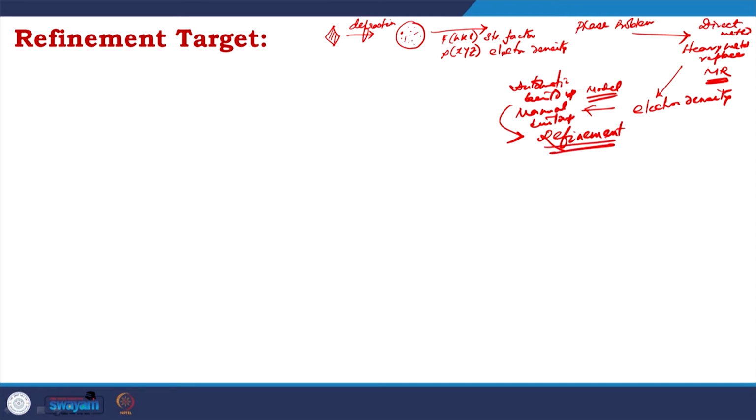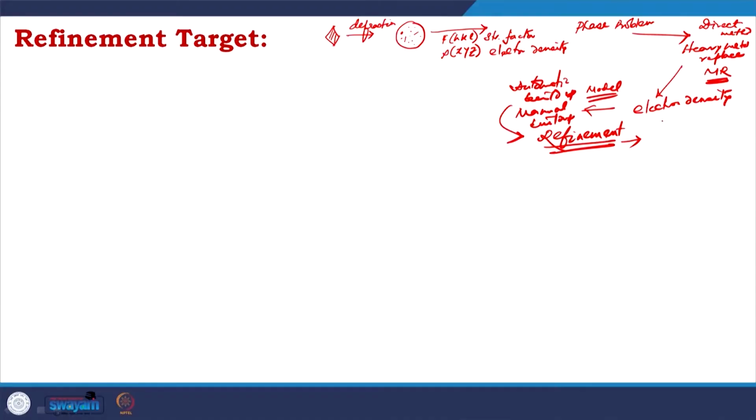What is refinement? So, what you do, you know the geometric parameters of the model. What I mean by that? By geometric parameters I mean you know the bond distances, right.